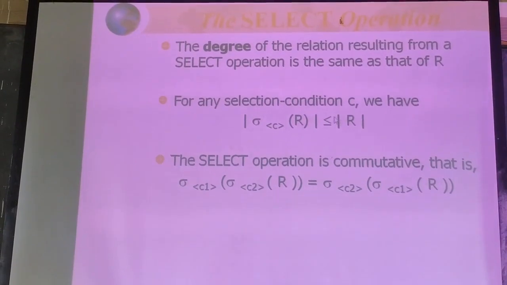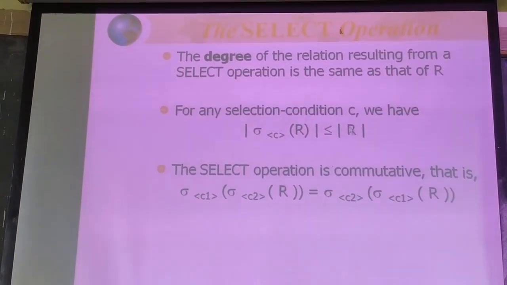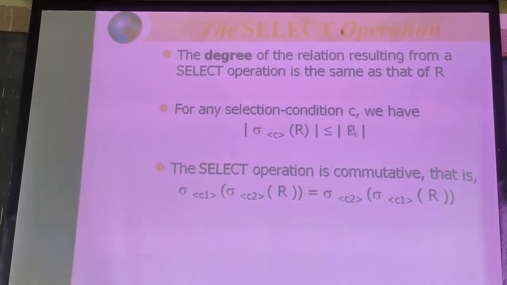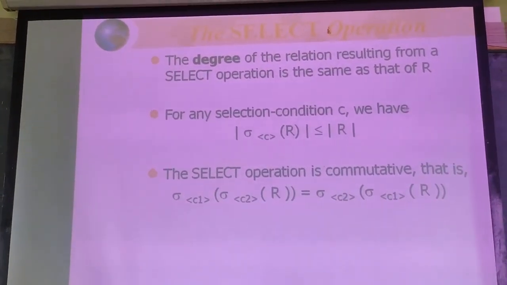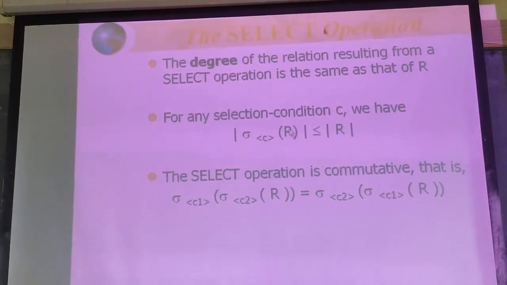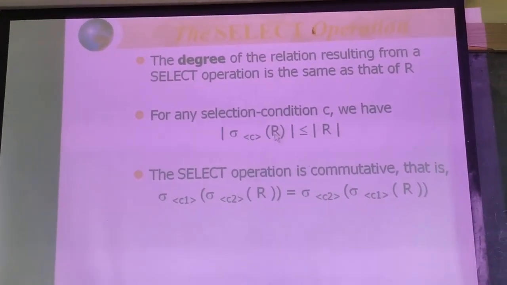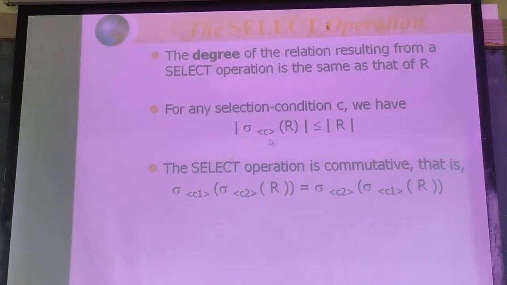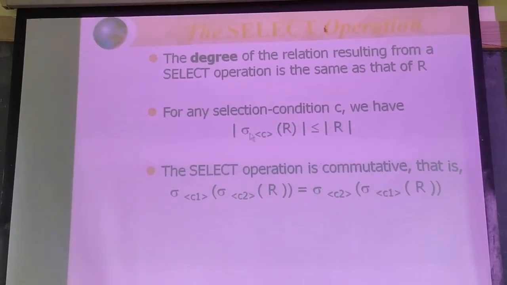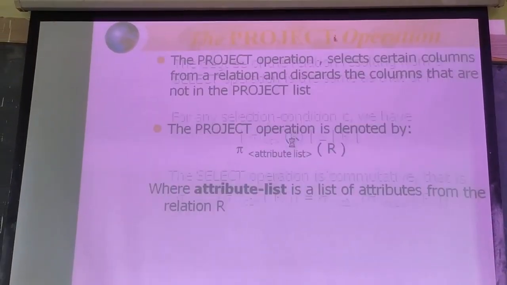The capital letter R denotes the original relation, and within the parentheses it is called a sub-relation. It is a subset of the main relation, based upon the condition, using the selection operation.